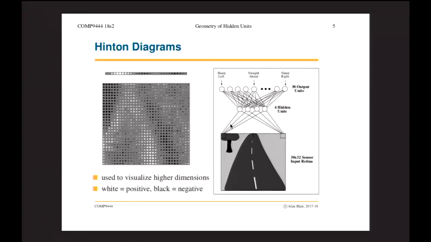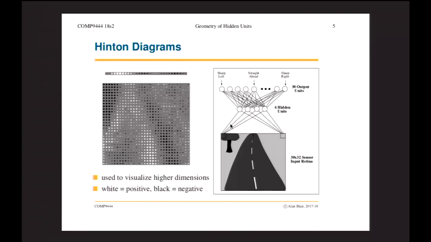In this case, the number of inputs is 960. So it's not easy to visualize a point in 960 dimensional space, but Geoff Hinton figured out this kind of way of doing it.